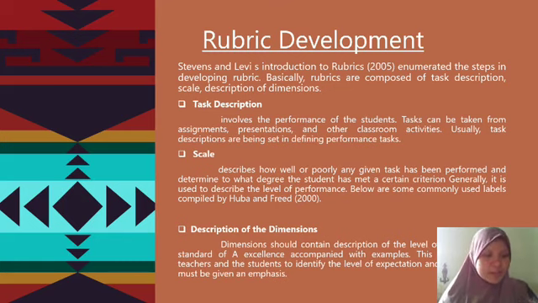Dimension should contain a description of the level of performance as a standard of excellence, accompanied with examples. This allows both the teacher and the student to identify the level of expectation and what dimension must be given emphasis.